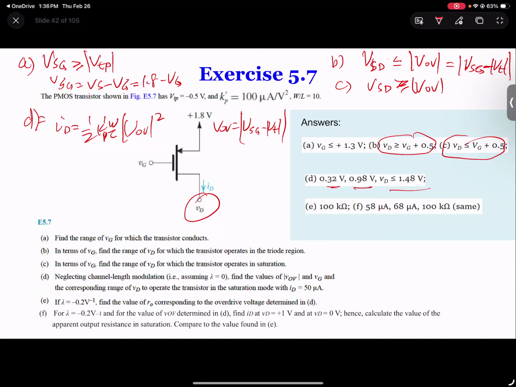And that's D. And then going to E, it asks what happens if you have lambda given. Well, for lambda given, we know that ID is going to be 1/2 Kp W over L VOV squared times 1 plus lambda VSD.